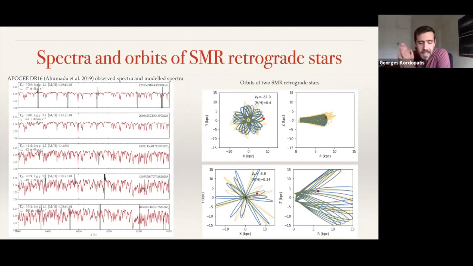For the moment, this is limited to relatively bright stars and giant stars, but also using Gaia astrometry, now you are able to put the stars quite accurately on an HR diagram.